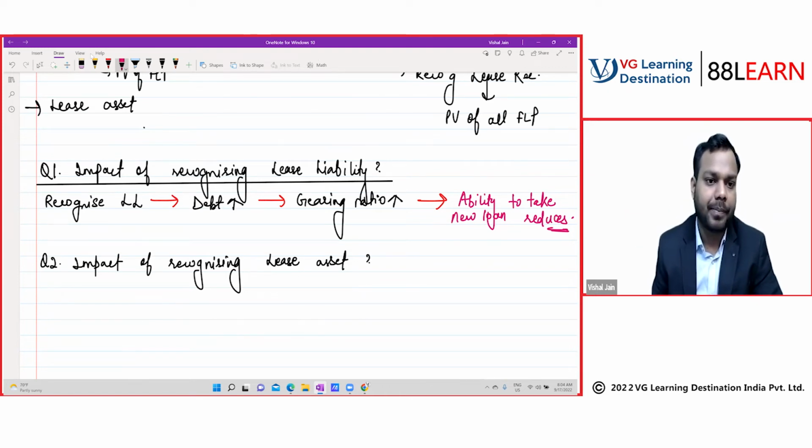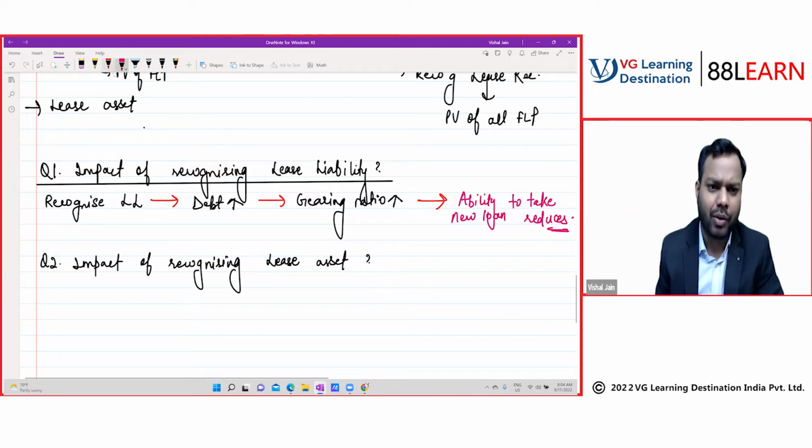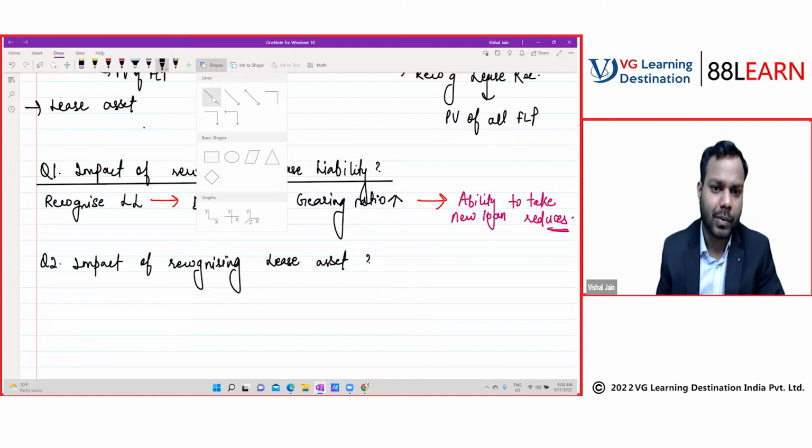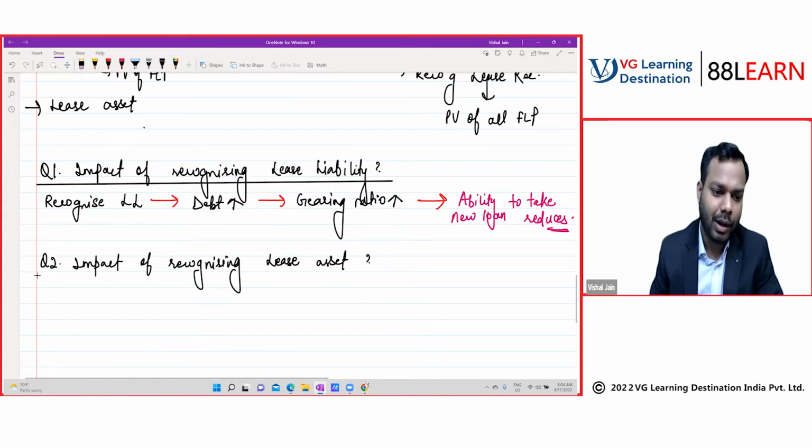Now, again, coming to lease asset, you must be wondering, it's very good to recognize an asset. Then how can we think negatively for an asset? Let's discuss this as well. You will understand one new picture today.